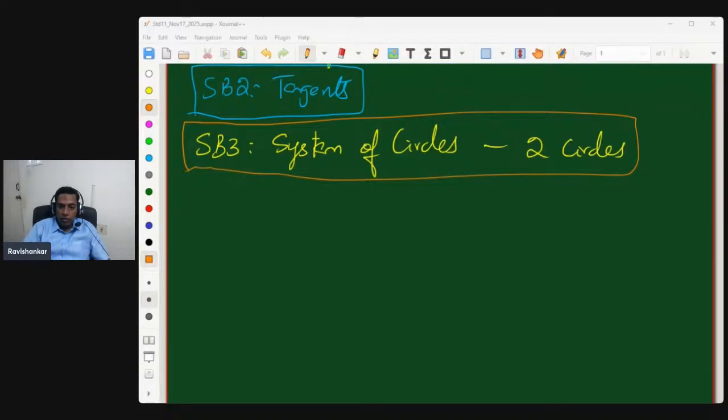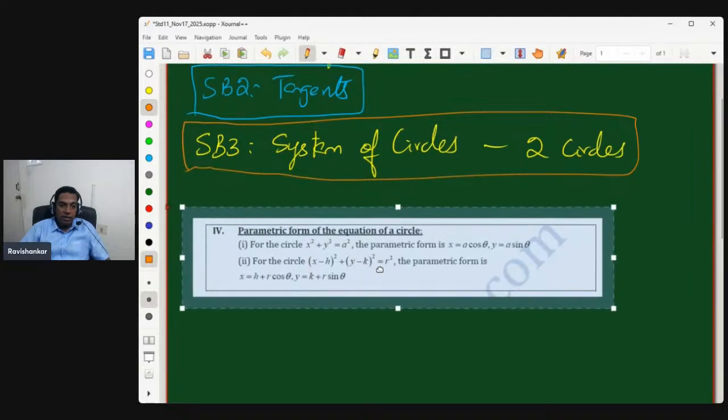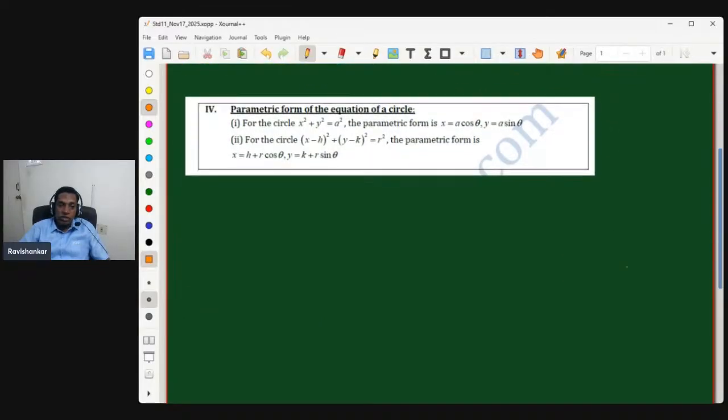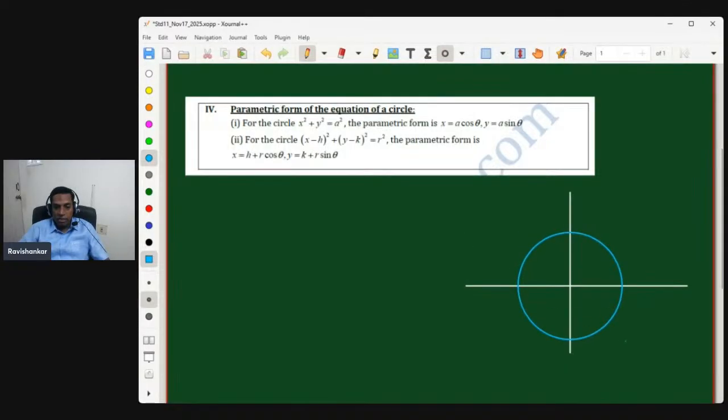Okay, so we are done till question 8. Now the new idea that we did not do last class is the parametric form of the equation of a circle. So here the idea is, if you have a circle, let's say with origin as center, then any point on the circle, let's say x comma y, you can write that point.